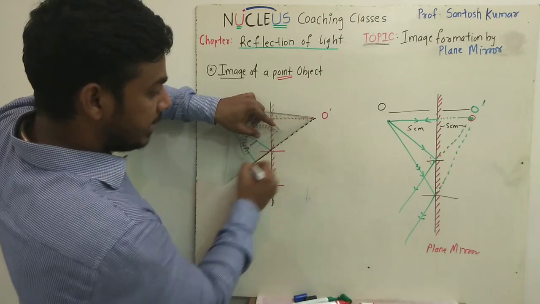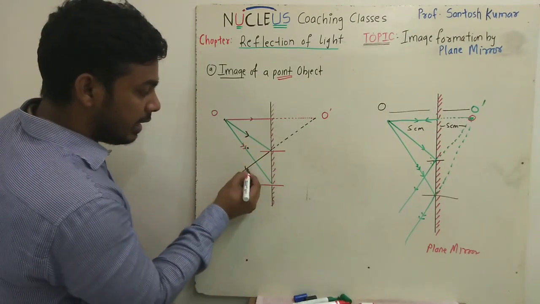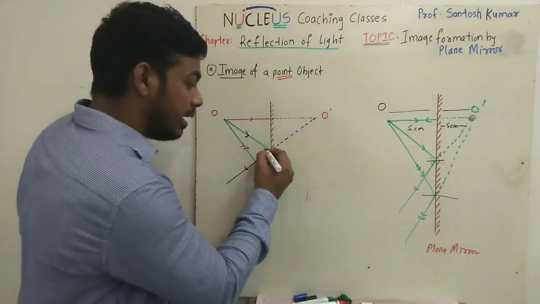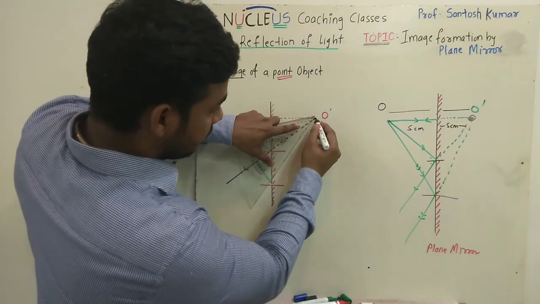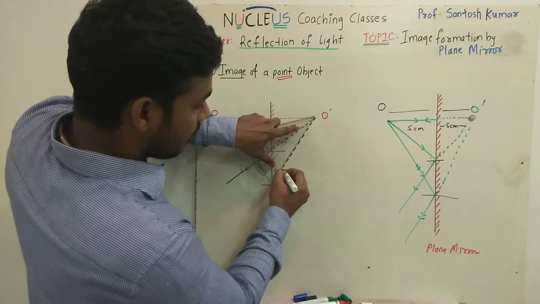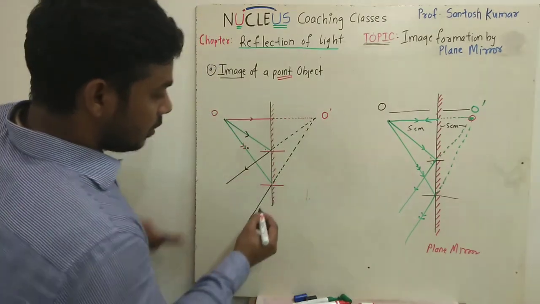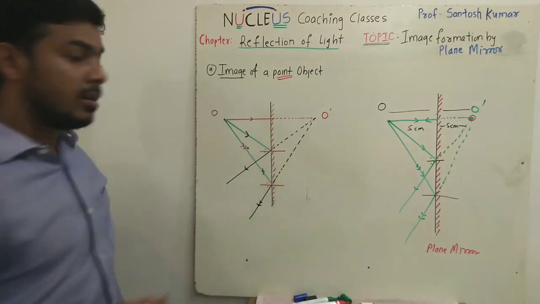And now I am extending the ray. Can you see? This was the incident ray and this is the reflected ray. Definitely this angle must be equal, and if I join these two points, this is the reflected ray and this is the incident ray, and this angle must be equal.